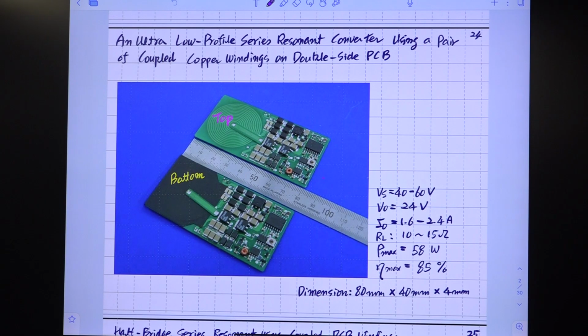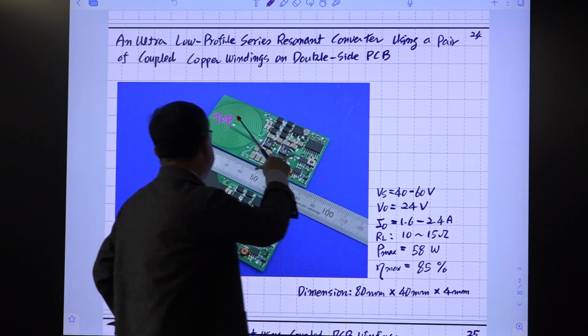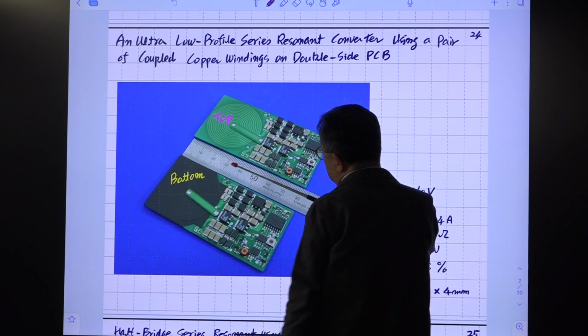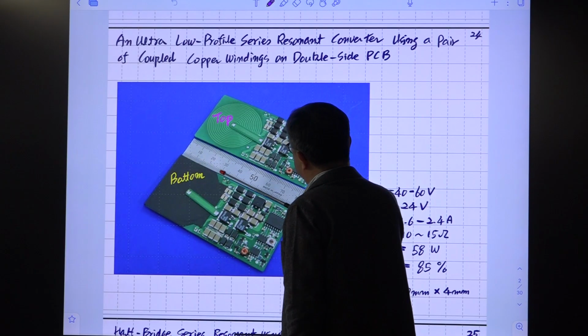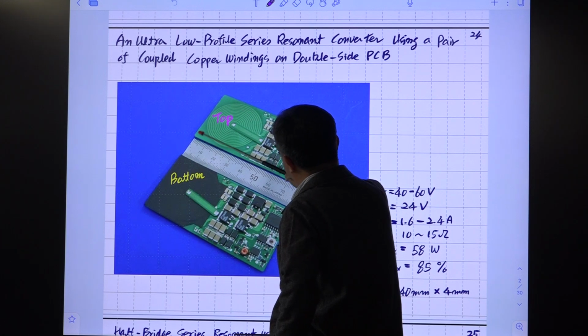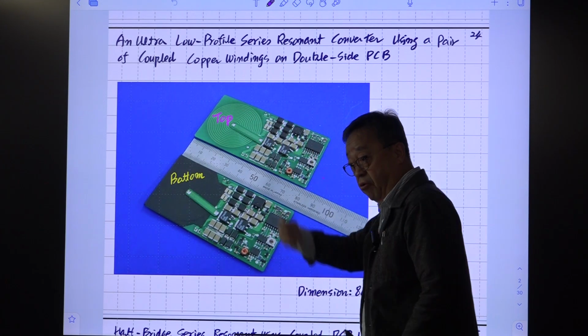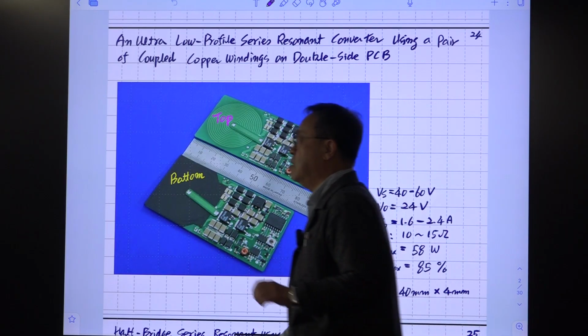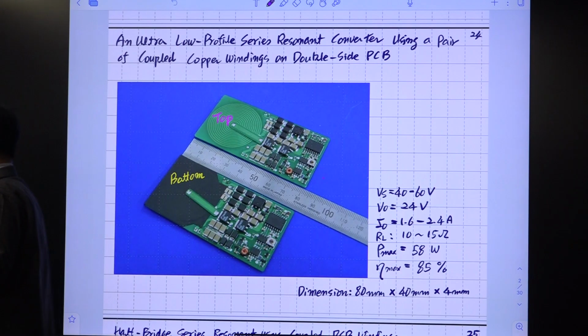Okay, and this is the spiral winding. This is the spiral winding, and this is the other side of the spiral winding. This black one is covered on both sides, but I just took it out to show the inside. This is ferrite FPC, ferrite polymer composite tape.